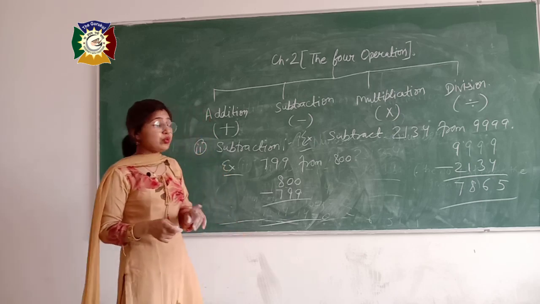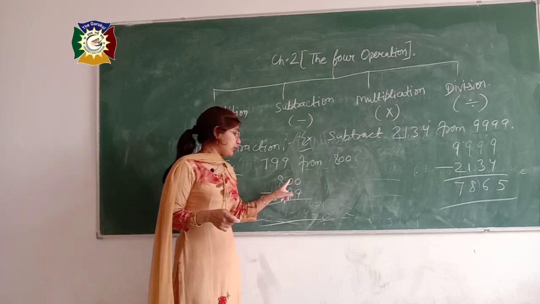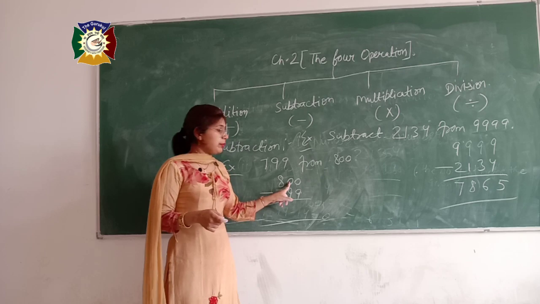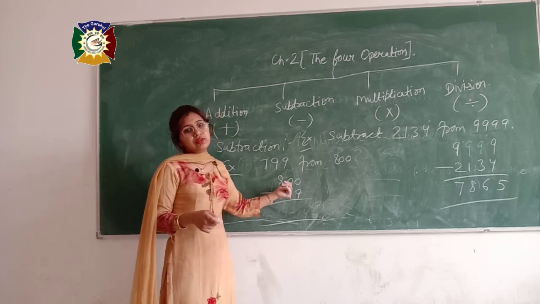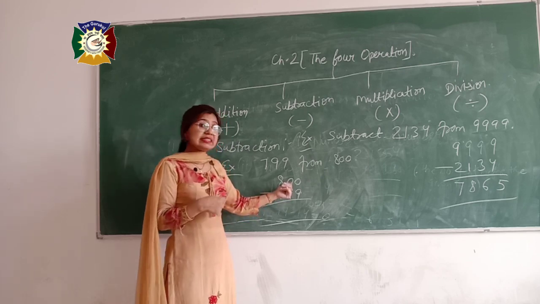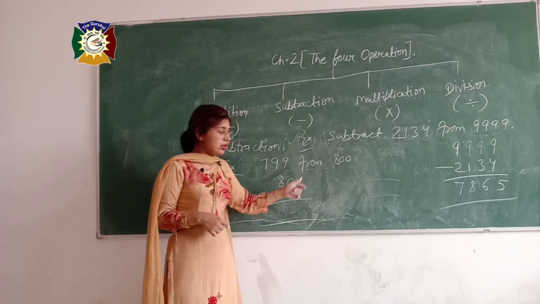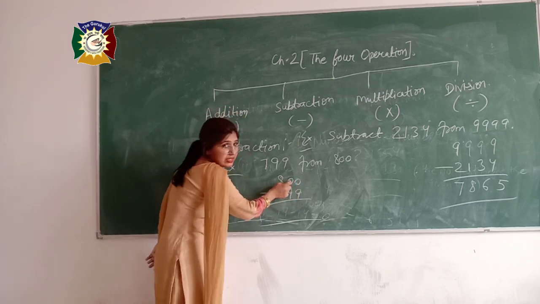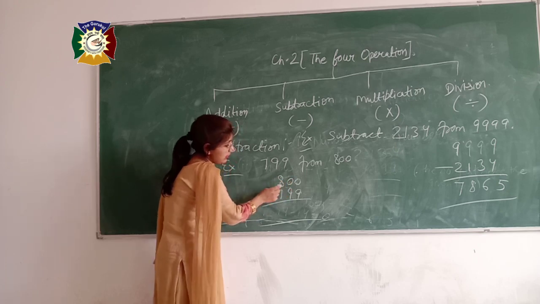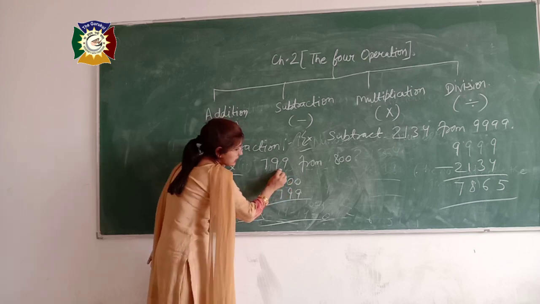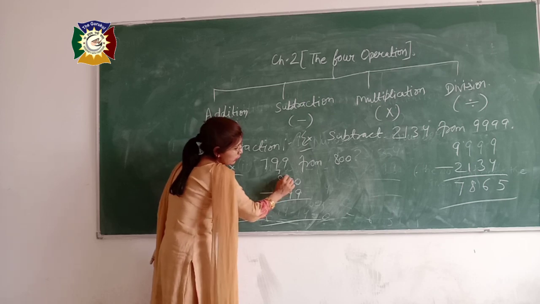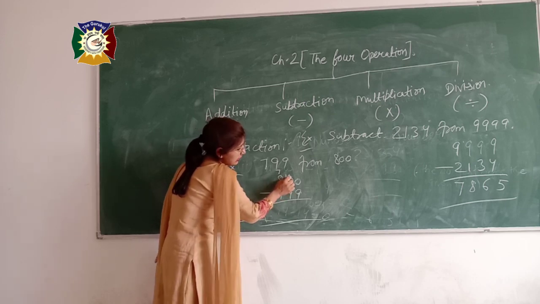So what do you have to do? You have to take a borrow from this number. But this number is again 0. It does not have anything with itself, then how will it give to this number? So this number will borrow from the next number. It is 8, it will become 7 and will give 1 to this number, and this number will become 10.